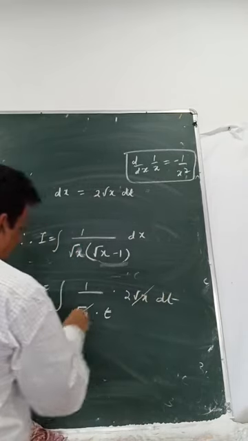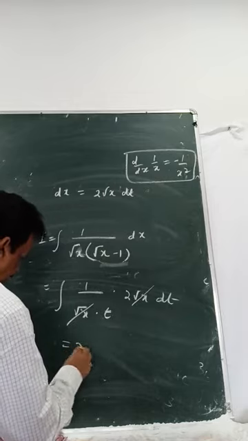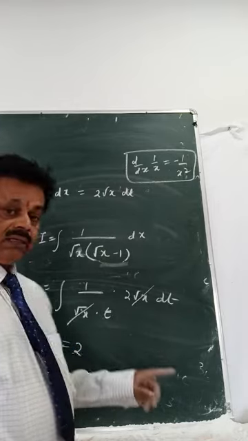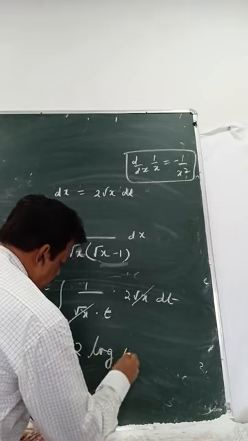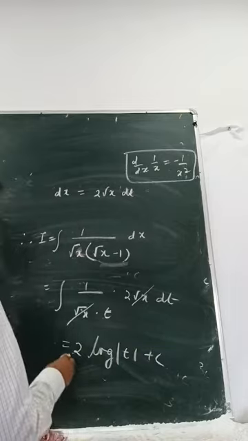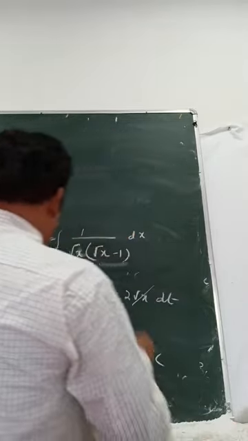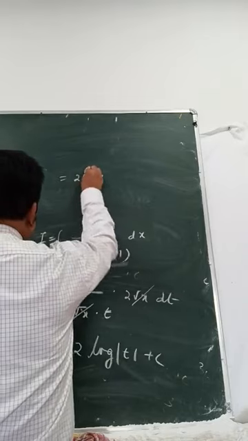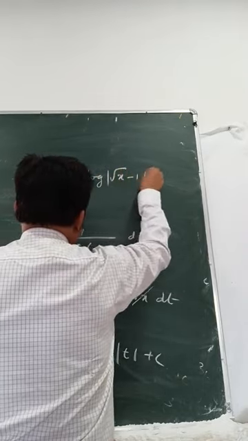So root x I have cancelled. 1 by t, times the constant. 1 by t integration I have given you just now: log t plus a constant. Now put the value of t. That will be how much? This is 2 log modulus of root x minus 1, plus a.